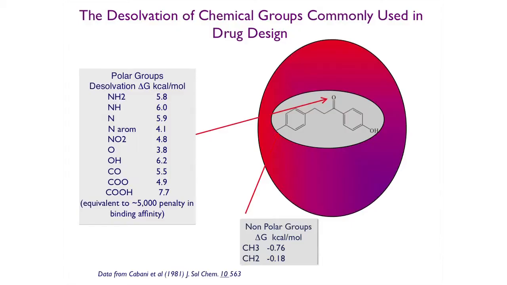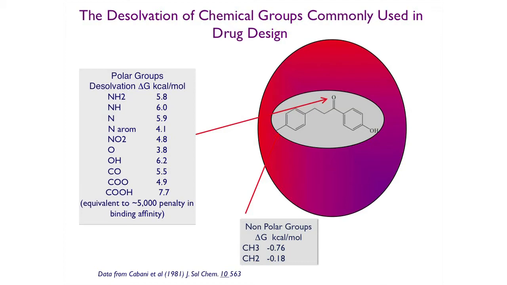Desolvating a polar group carries a penalty because polar groups like to be in water. And this table, which was compiled by Cavani a while ago, shows the desolvation free energy of different groups that are used in the optimization of drug molecules: amino groups, carboxyl groups, hydroxyl groups, carbonyl groups, etc. And as you can see, the penalty of desolvation is on the order of 5-6 kcal per mole.